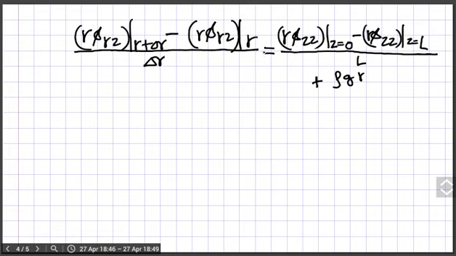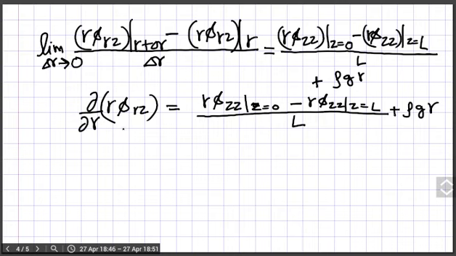Now you can imagine very well that what we are going to do next is take the limit of that thing. We are making the shell of zero thickness. So after applying that principle, you will get the derivative of this.